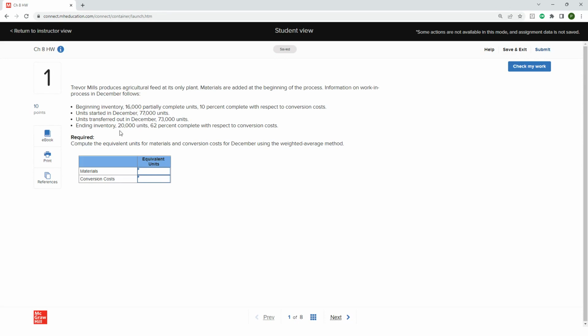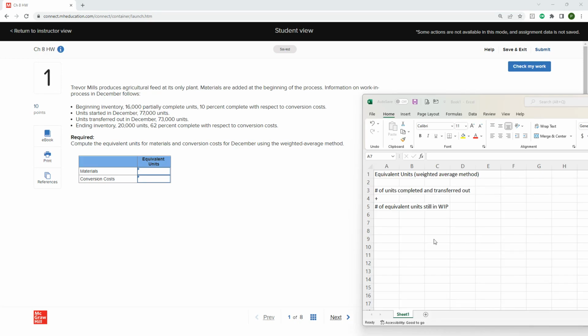And then ending inventory is 20,000 units. Again, these 20,000 units already have 100% materials in them, but they're just 62% complete with respect to conversion costs.